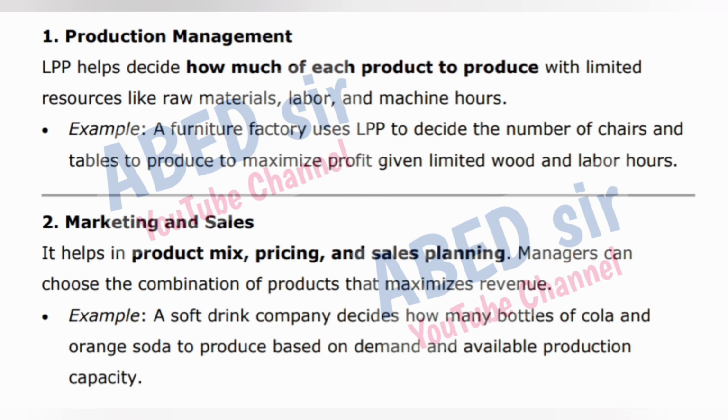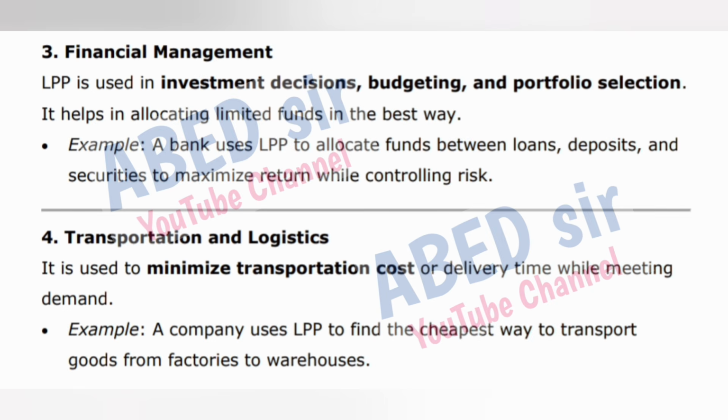2. Marketing and sales. It helps in product mix, pricing, and sales planning. Managers can choose the combination of products that maximizes revenue. Example: a soft drink company decides how many bottles of cola and orange soda to produce based on demand and available production capacity. 3.